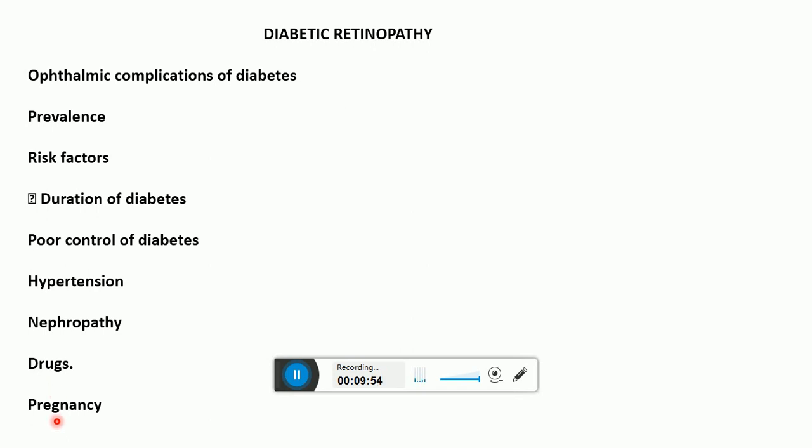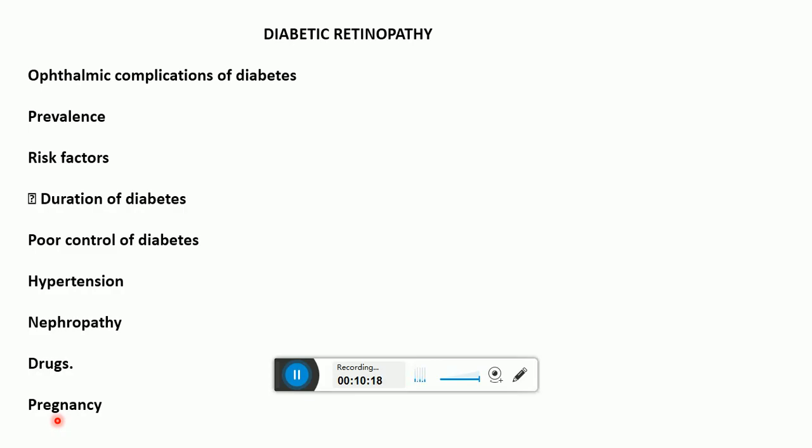Pregnancy is sometimes associated with rapid progression of diabetic retinopathy. Predicting factors include greater pre-pregnancy severity of retinopathy, poor pre-pregnancy control of diabetes, control exerted too rapidly during the early stages of pregnancy, and pre-eclampsia during pregnancy.